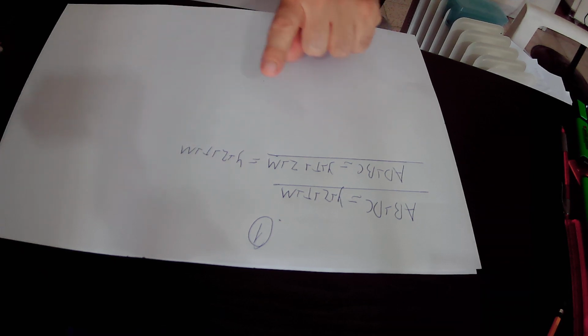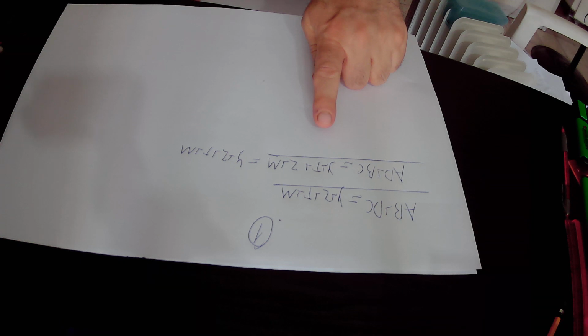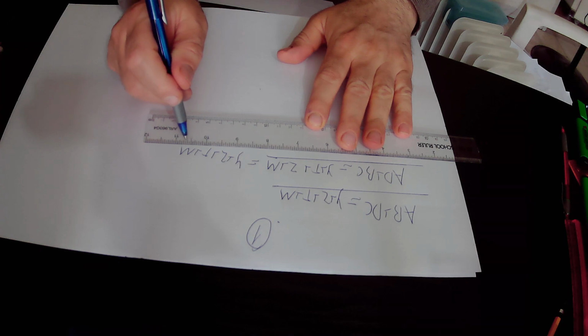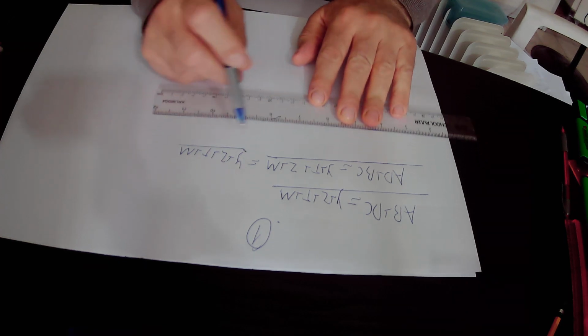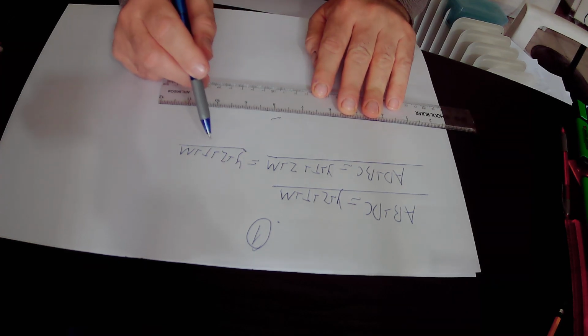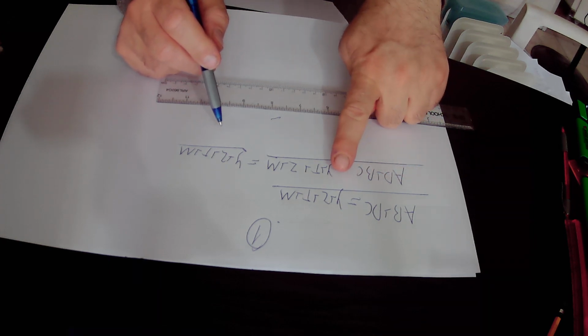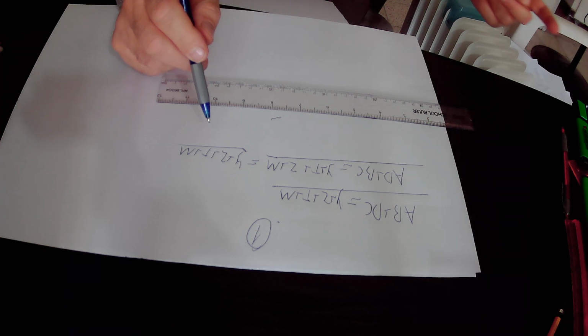We only changed the order of the letters. So we found out that AD plus BC equals y plus z plus t plus m, and AB plus DC also equals y plus z plus t plus m.